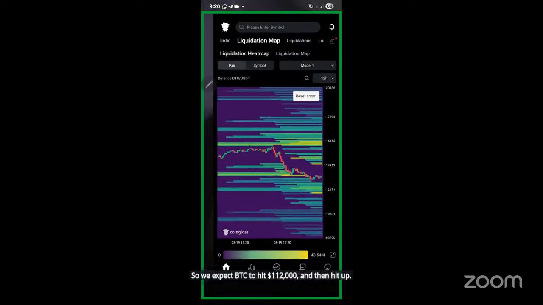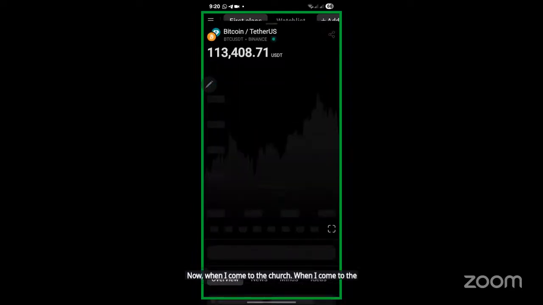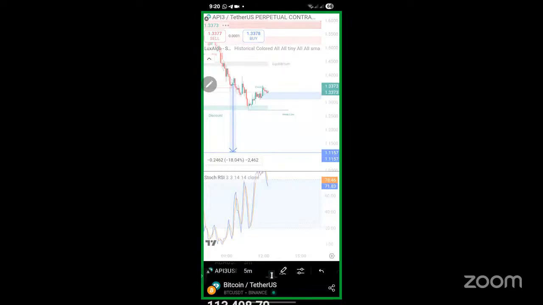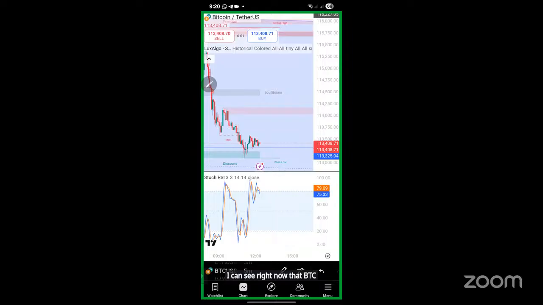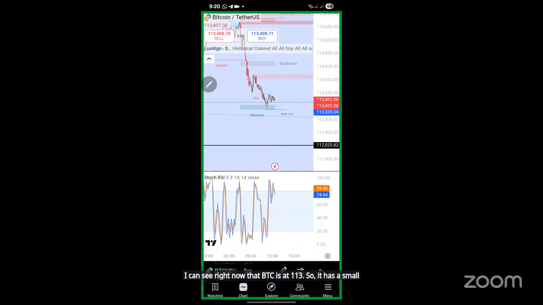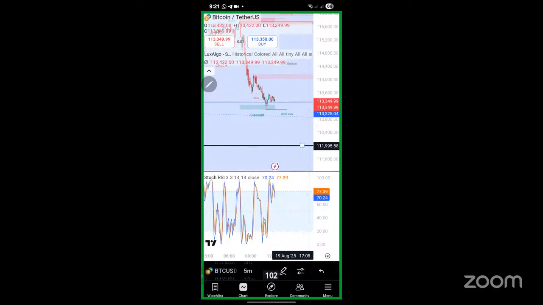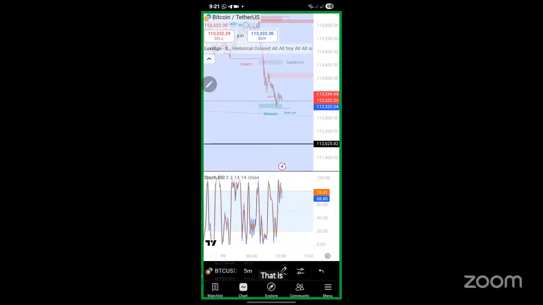Now, when I come to the chart and look for BTC, I can see right now that BTC is at 113. So it has a small journey to go to around 112,000. When you look at this black line that I drew here, that is the area.